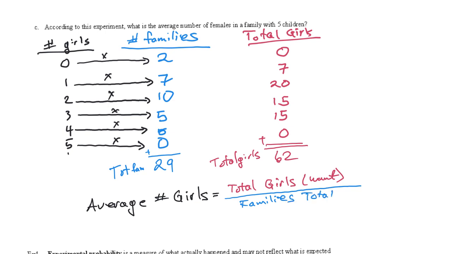Now, remember, for the girls, we said there are 62 girls, and for the families, there are 29 families, which gives us an approximate value of about 2.1 girls per family.